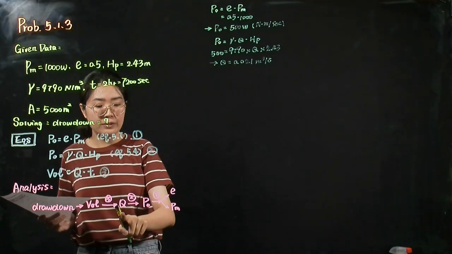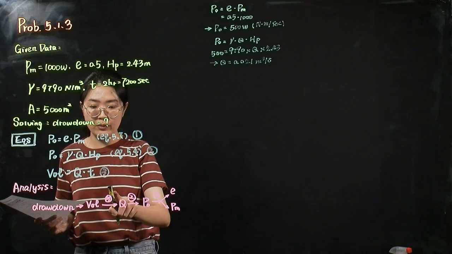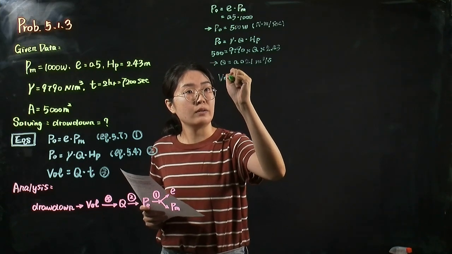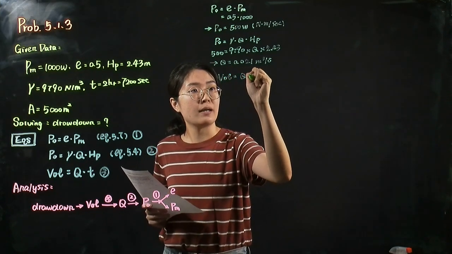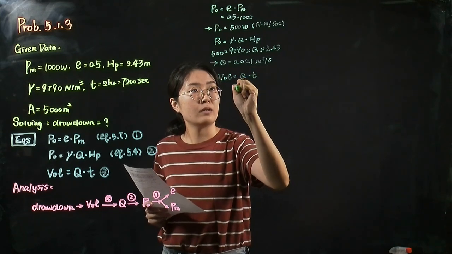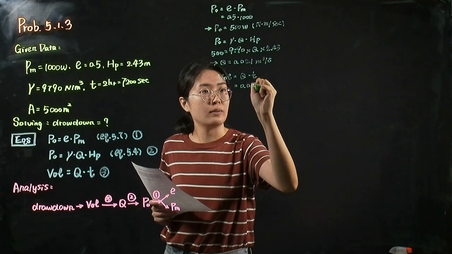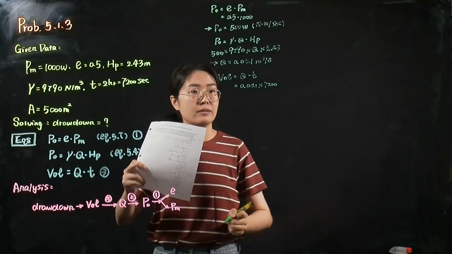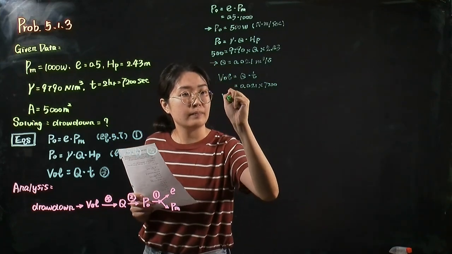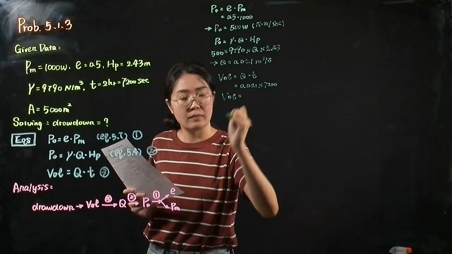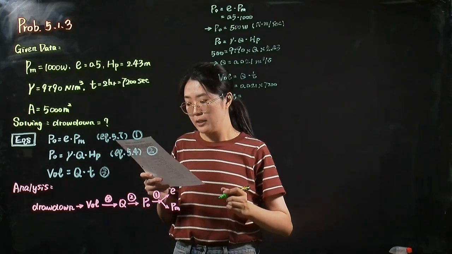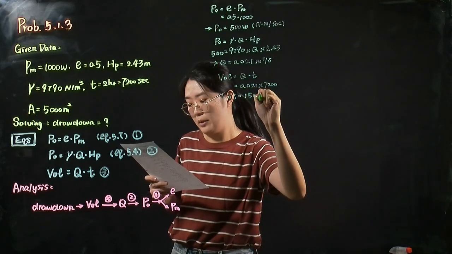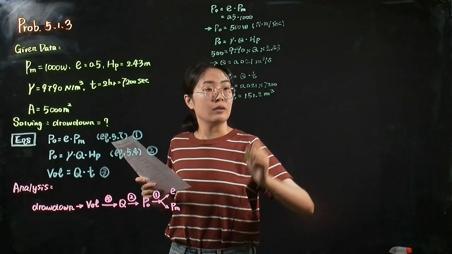After we get the flow rate, we bring it into equation 3 to calculate the volume. It equals flow rate times t, which equals 0.021 times 7,200 seconds. The volume equals 151.2 cubic meters.